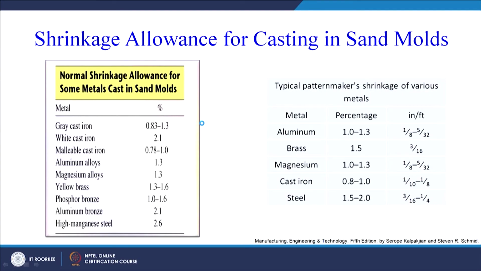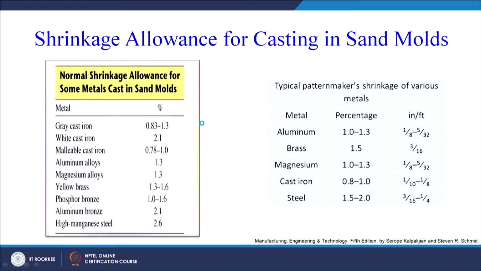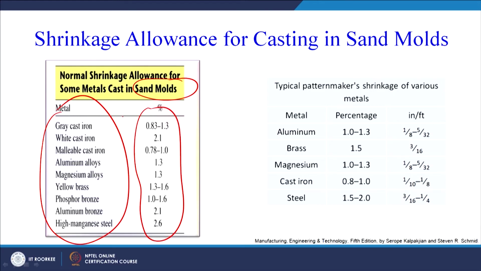Now what we have already discussed, the shrinkage allowance for casting in sand mold, is given here. This has been taken from Manufacturing Engineering and Technology by Kalpakjian and Schmid. So this is the normal shrinkage allowance for some metals cast in the sand mold. We are studying sand molding. So what is the shrinkage allowance to be given for different metals? This is a long list of metals given here, and this is the percentage of shrinkage allowance that must be given.